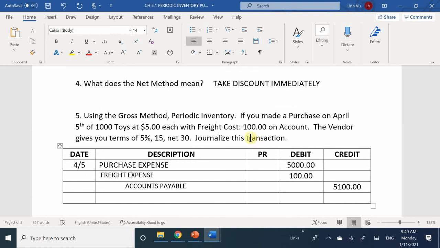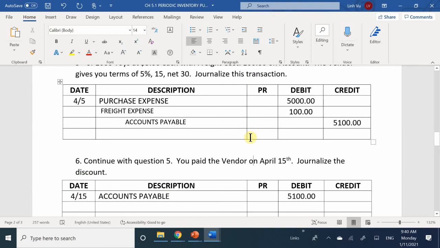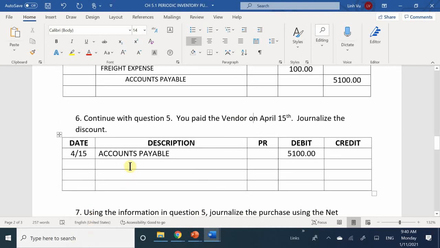So purchase discount. Yes, we made the discount period because we paid within the 15 days. We paid 10 days later. So we definitely made the discount period. So what is my account going to be? 250. Purchase discount, good. Discounts, however you want it.